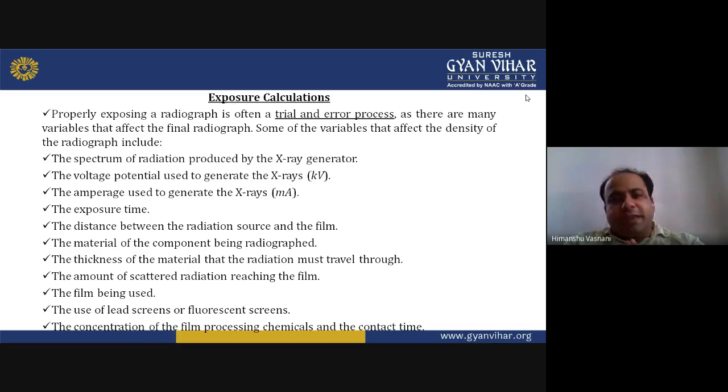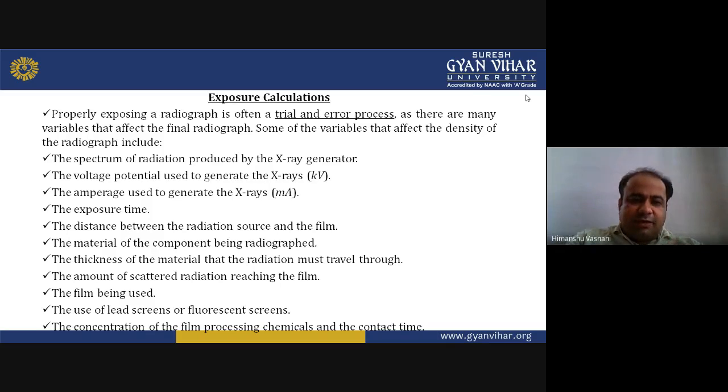Some of the variables that affect the density of the radiograph include the spectrum of radiation produced by the X-ray generator, the potential voltage used to generate the X-rays, which we have previously studied, the amperage used to generate X-rays, and then the most important thing, the exposure time.